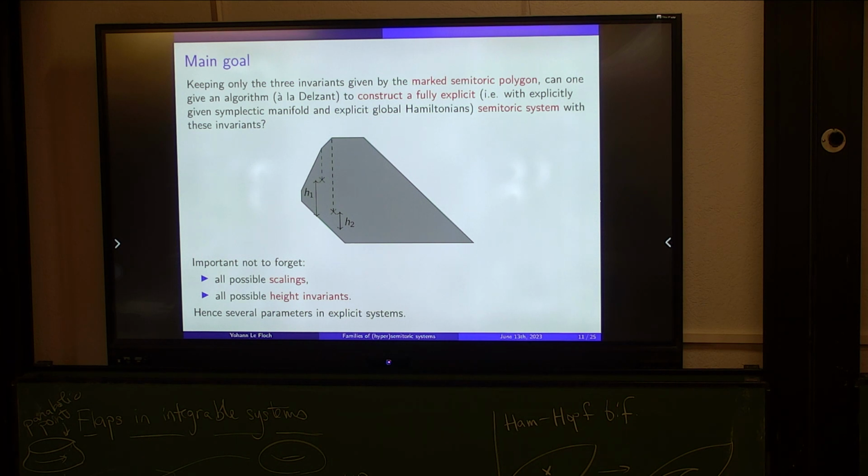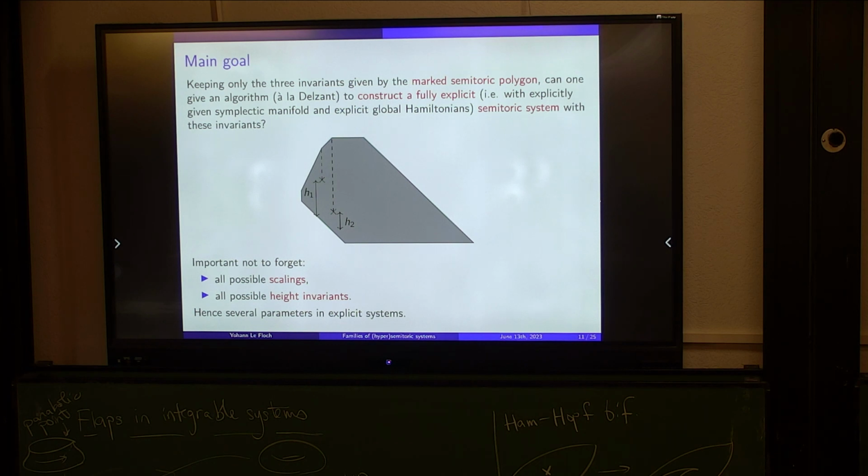So of course, it's not unique. You have many non-isomorphic semitoric systems which will have the same marked semitoric polygon because we are forgetting the other two invariants. But still, can we construct one of them that is fully explicit and nice?